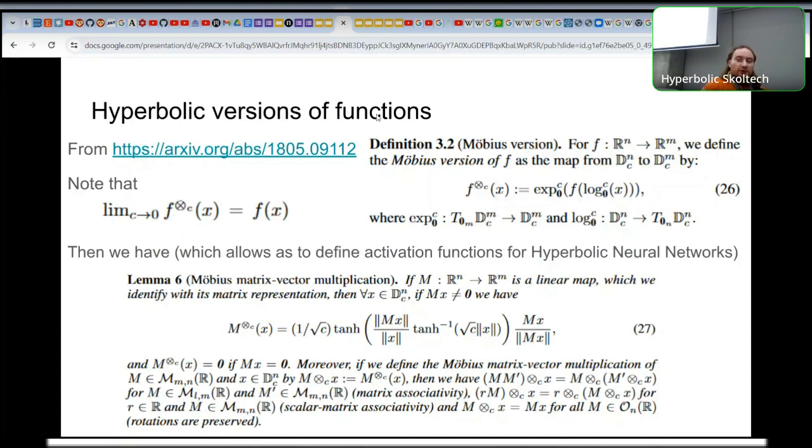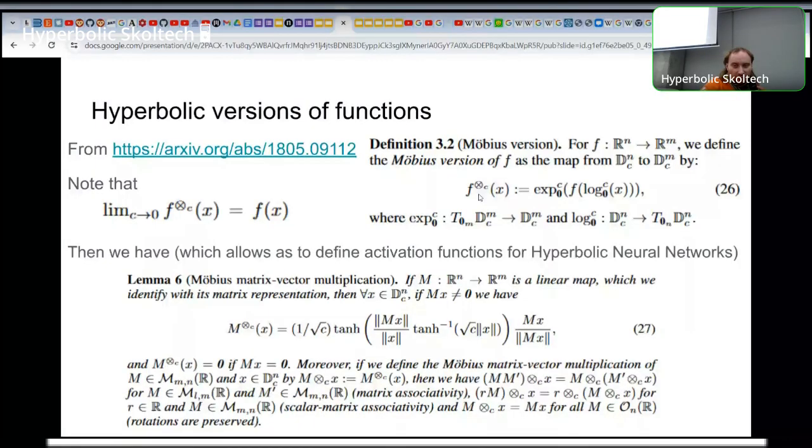So if we have a mapping between two Euclidean spaces defined on the whole R^n, we define the Möbius version of f as a mapping between n-dimensional hyperbolic geometries with radius probably square root of c, and here we have something like this.